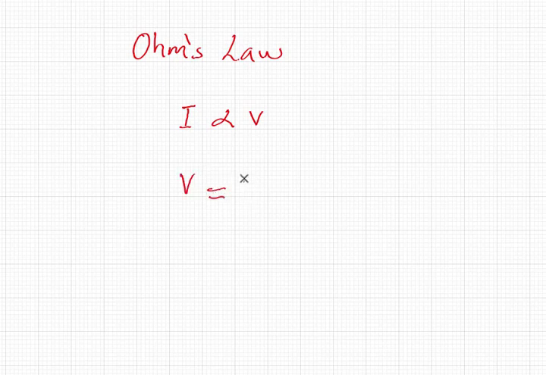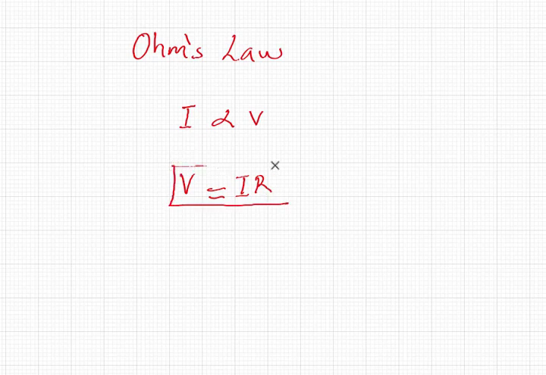So, Ohm's law. It states that the current through a conductor is directly proportional to the voltage across it, and the resistor is what makes it a complete equation like this.